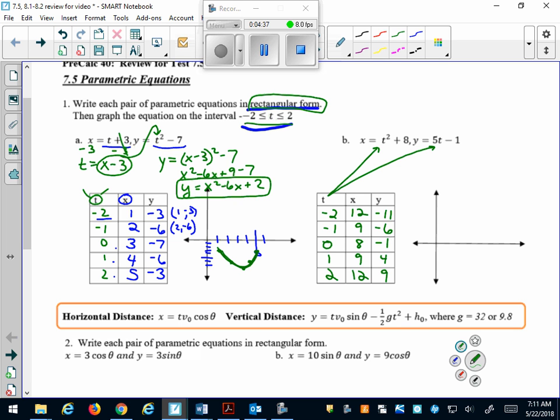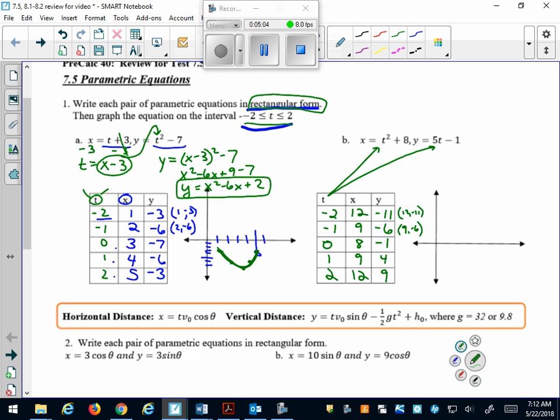Notice that in part A, our linear was the x and our quadratic was the y. In part B, our quadratic is the x and the linear is the y. So I'm expecting this to be a sideways parabola. Okay, again, these are our points, 12, -11, 9, -6, etc. So my x values go between 8 and 12, really.